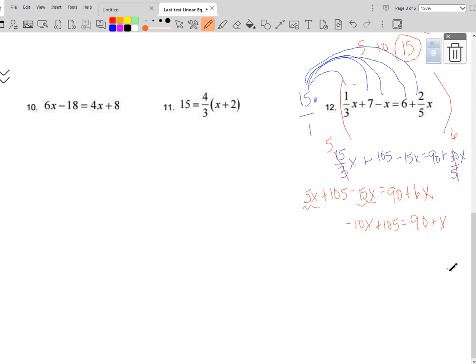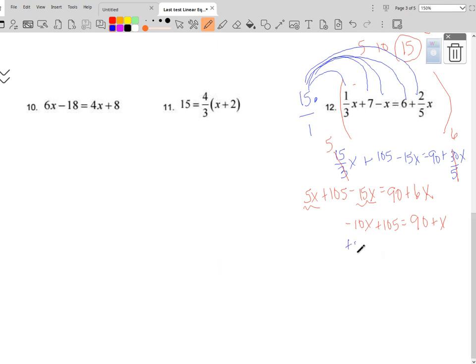All right, now variables on both sides. We add the opposite of the smallest variable term. Now remember, negatives are always smaller than positives. This is a negative 10x, and this is a 1x. So which one is smaller, negative 10x or positive 1x? Which one's smaller, negative 10 or positive 1? Negatives are always smaller than positives.